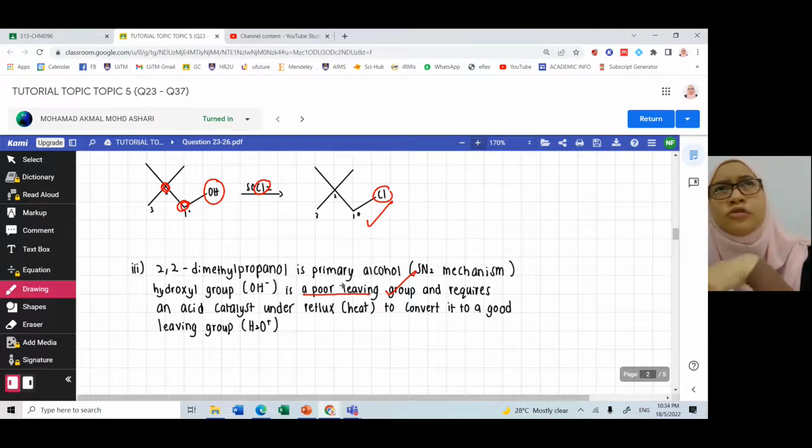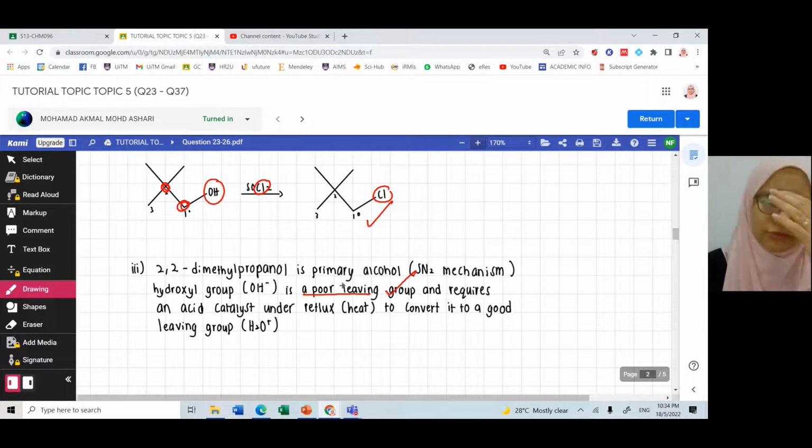The Cl will attack from the opposite side of the hydroxyl group. That is SN2, right? The style with 5 bonds. At the transition state, it needs some support there. Alright.